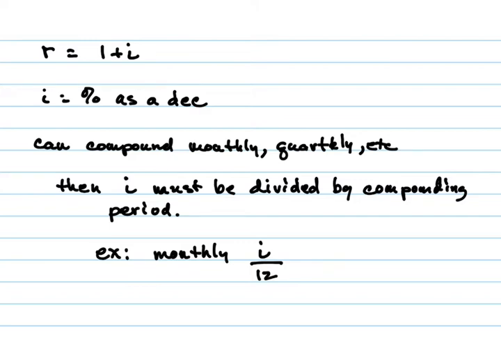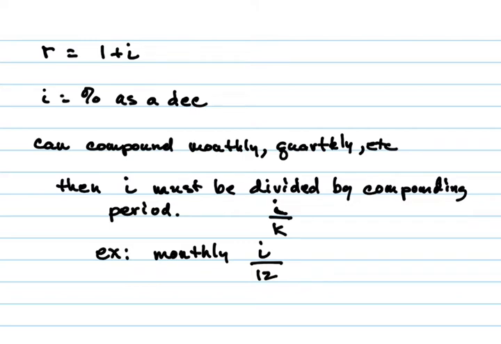If they tell you to compound in a different period, then you're going to have to find the actual rate. This is given by the formula I divided by K, where K is the compounding periods. Remember that notation? We didn't use it very much, but we introduced it last term.